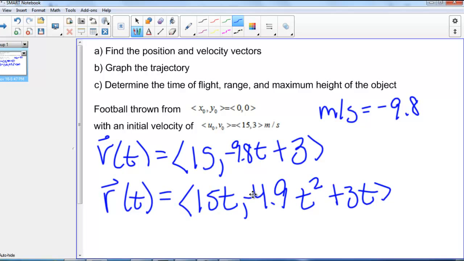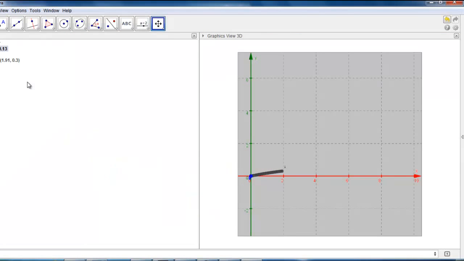So we have our position vector is 15t, negative 4.9 t squared plus 3t. Graphing our trajectory, here's what we look like.